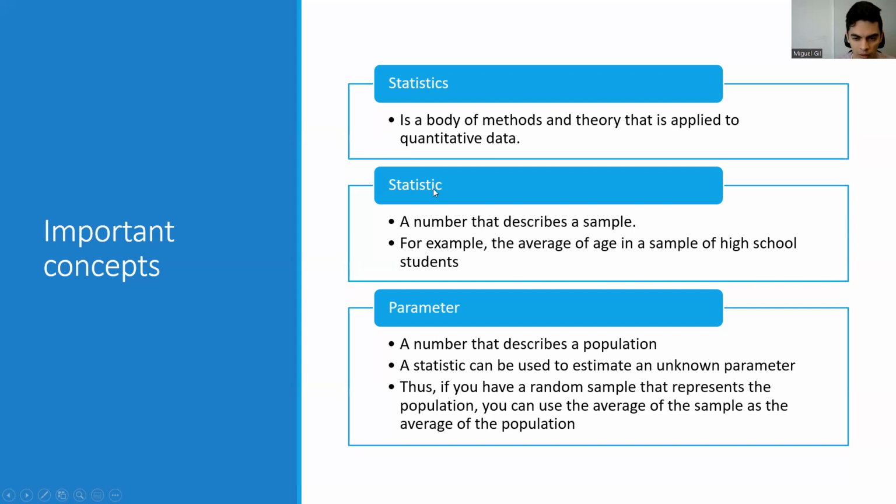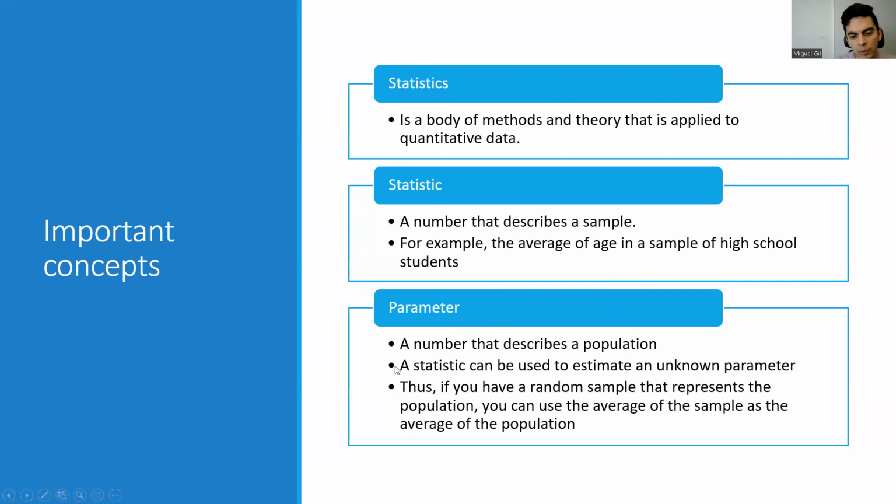So that will be a statistic. But if we can have access to the whole population and then we calculate that average, we will be able to have the parameter. So the parameter is if we know everyone, the 200,000 students' age, okay?